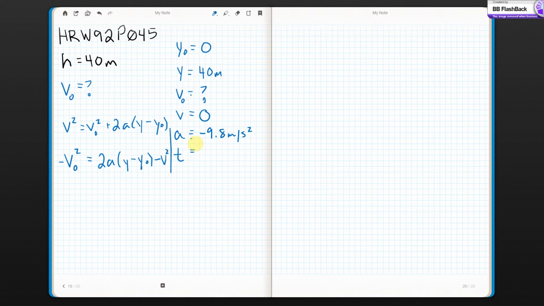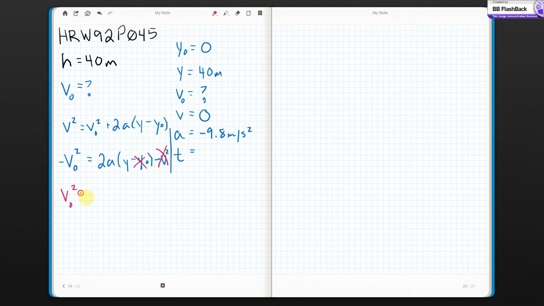I'm going to put some zeros in first because that'll make things a little bit easier. For instance, V is 0, so this is gone. Y naught is 0, that's gone too. So what I really have is negative V naught squared equals 2a times y, which is h. I'm going to move the negative to the other side to make it easier and plug in the numbers.